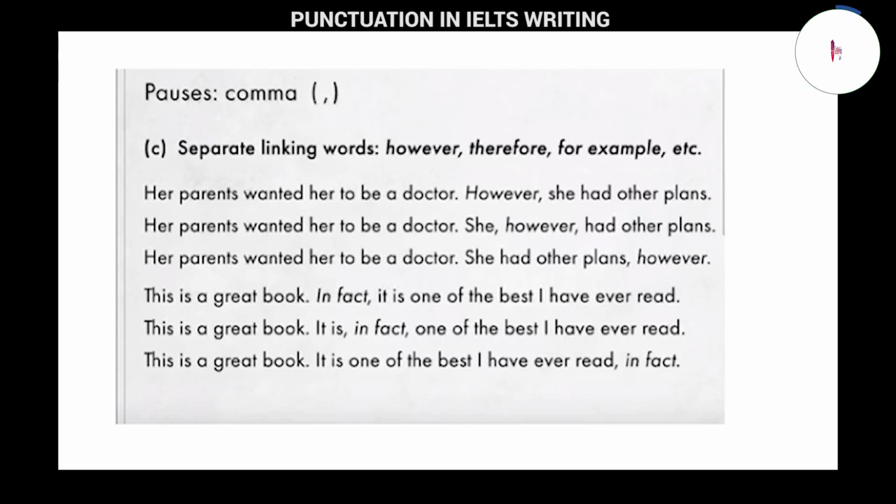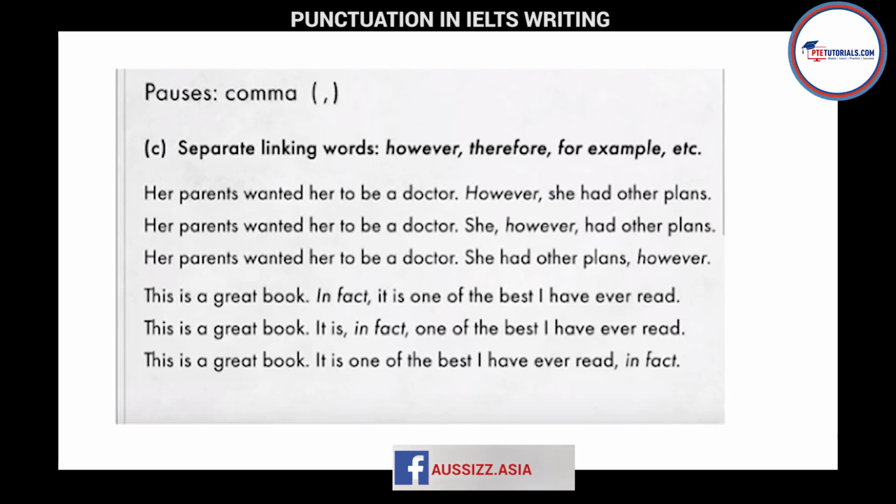So in the first sentence you can see 'however' at the beginning. The second sentence has it after 'she', and in the third, her parents wanted her to be a doctor. She had other plans, however. See how differently it is going and how good it is going.